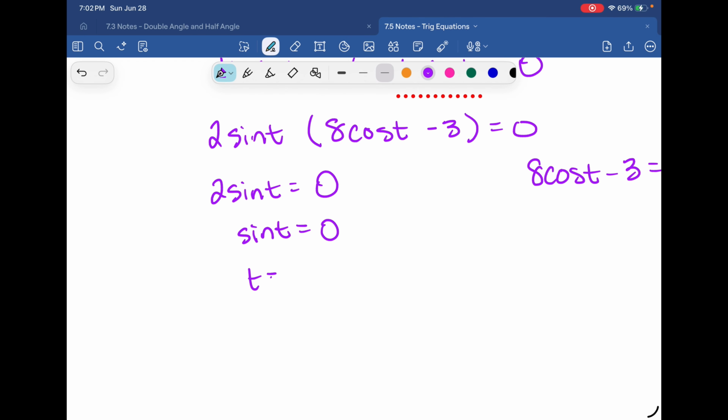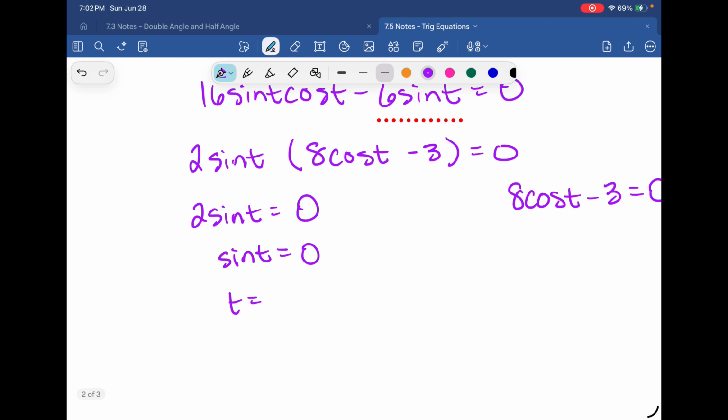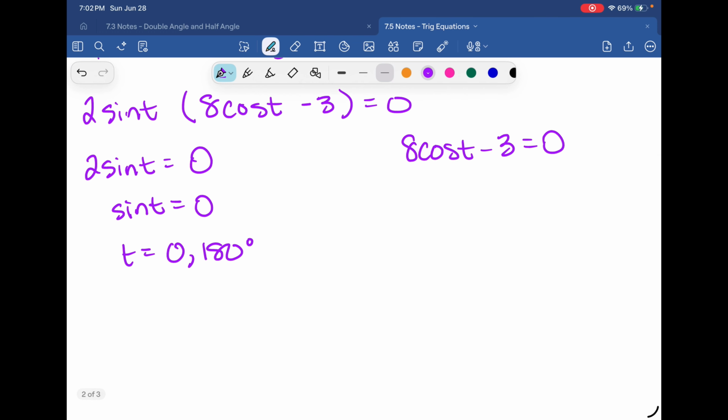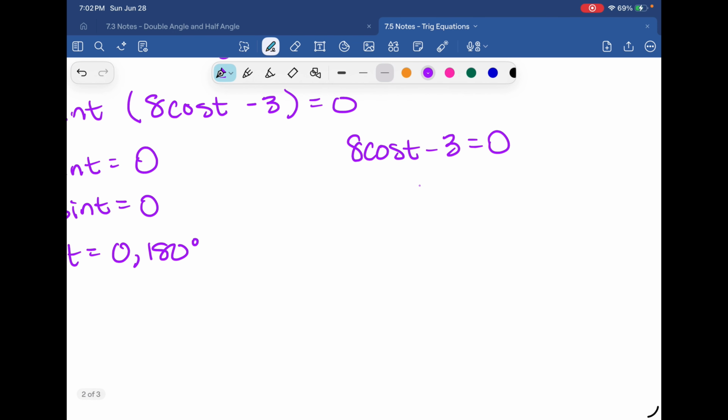Where sine t equals 0 in degrees, that'd be the y value equals 0. So that would be 0 and 180 degrees. On this 8 cosine t minus 3, we're going to add 3 and divide by 8.